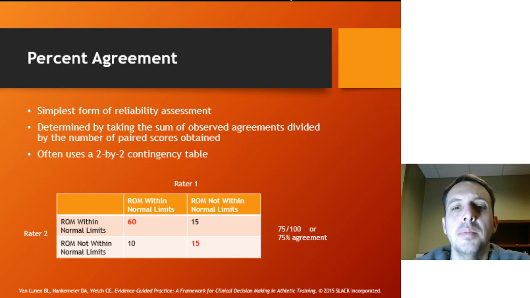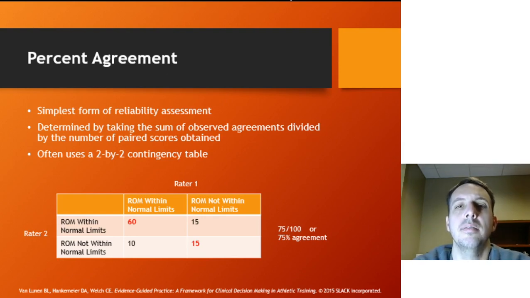And so this becomes more important when we're not specifically looking for things for the purpose of research, where we really need to know the exact numerical values, but instead we're trying to classify individuals as deficient in some way.